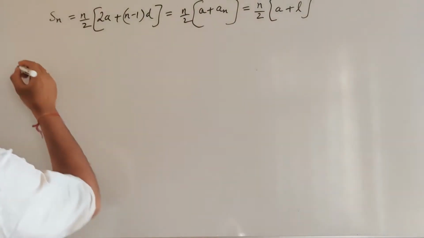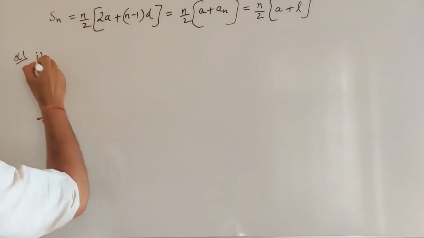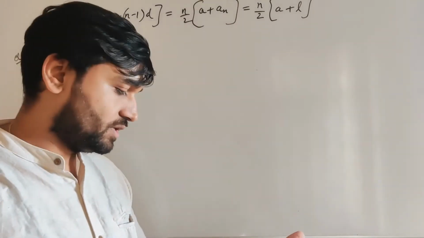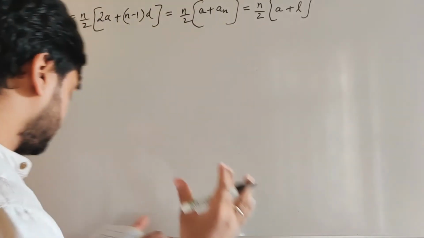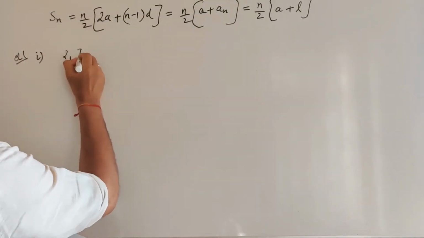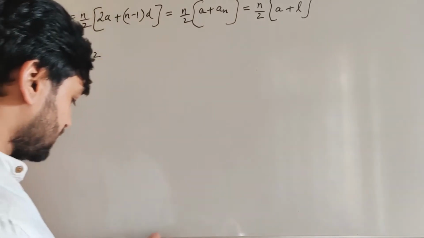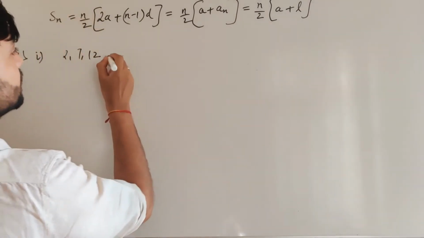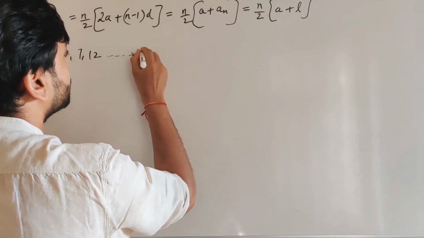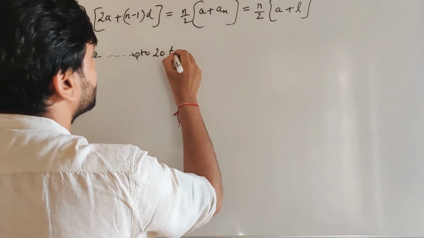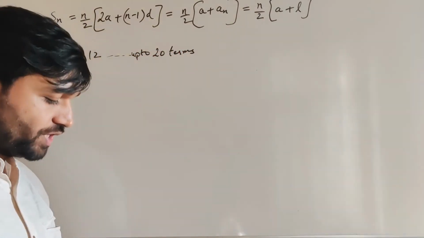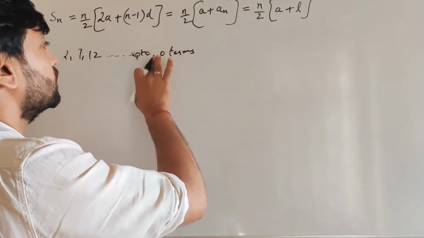The first question, first part, it's a direct question. The AP is given: 2, 7, 12, up to 10 terms.